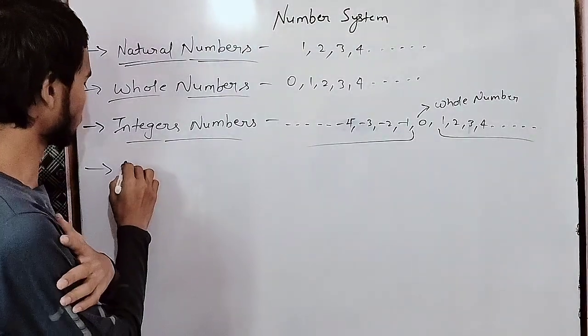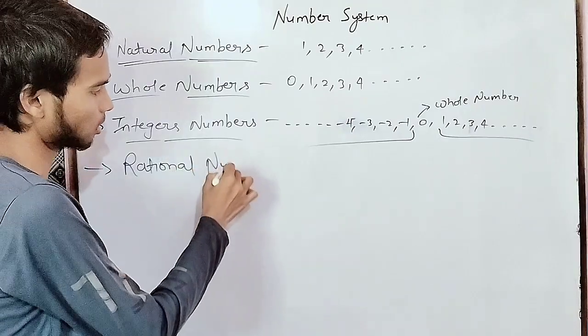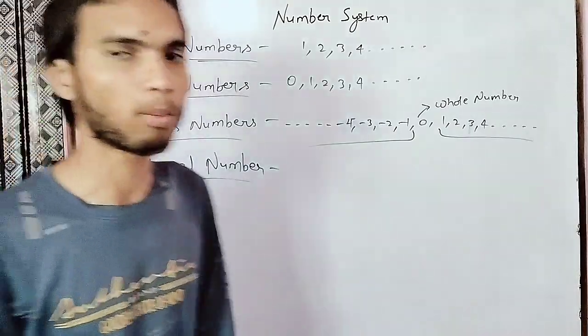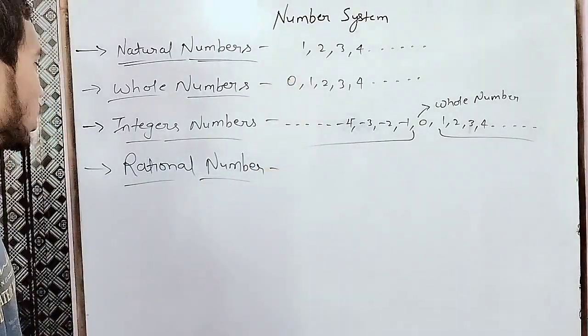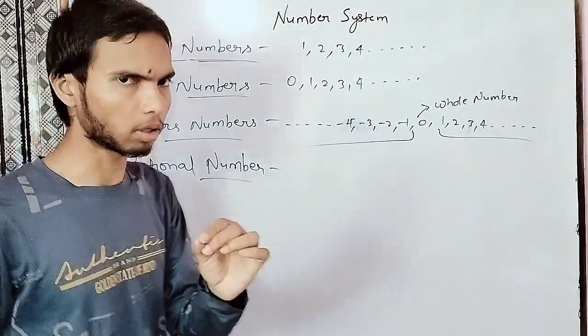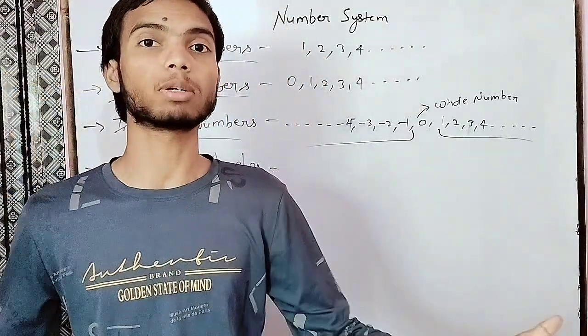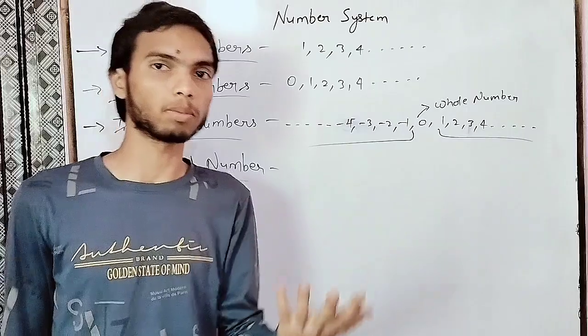Next, I think, rational number. It is very popular among these. We are understanding types of numbers, or otherwise, names of numbers.